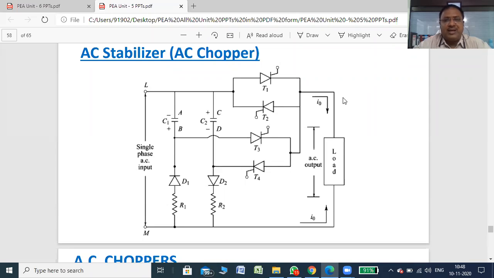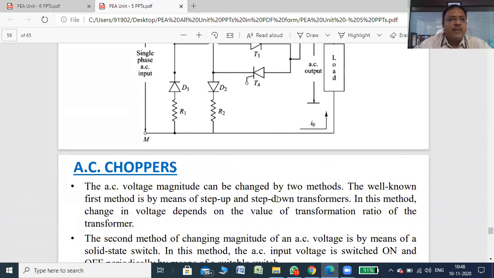So triac can be used, but in place of triac, here two SCRs connected anti-parallel are used in the circuit for the AC stabilizer. The load is the AC output and the input is also AC, right? So we are using four SCRs here, two SCRs anti-parallel, and again two anti-parallel. This forms a bridge actually, right?